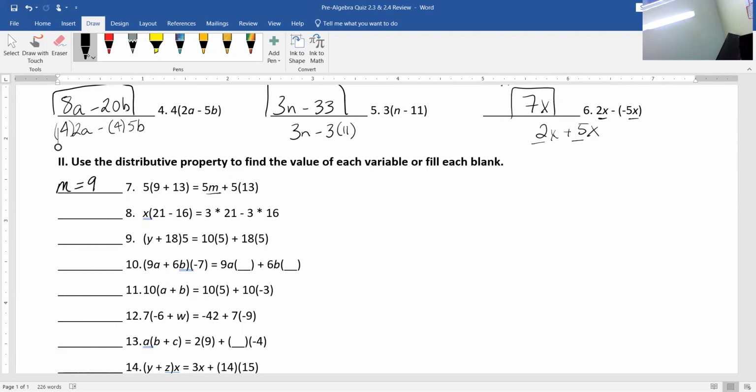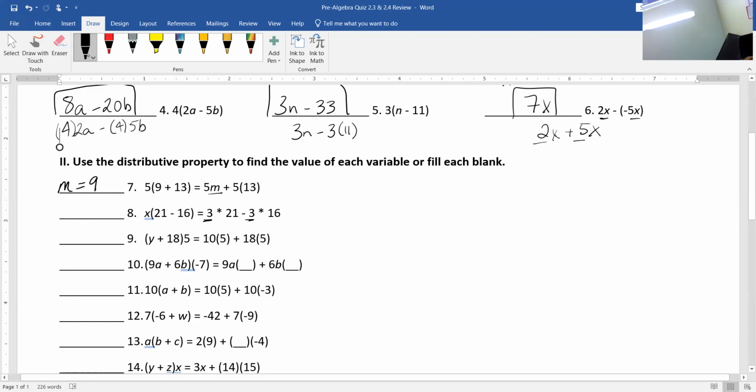Okay, and then number 8, we have x times 21 minus 16 equals 3 times 21 minus 3 times 16. So in this case, you can see that you have a value for your variable x being distributed into your 21 and your 16. So in this case, x equals 3.